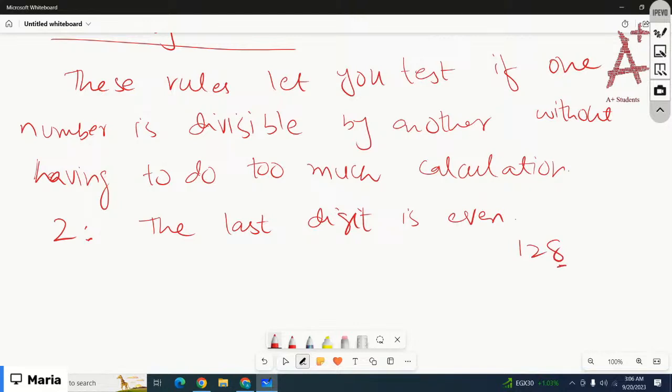Here you have 8. 8 is an even number? Yes, 8 is an even number. So 128 is divisible by 2, right? 329. 9 is an even number? No, 9 is an odd number. So 329 is not divisible by 2, right?